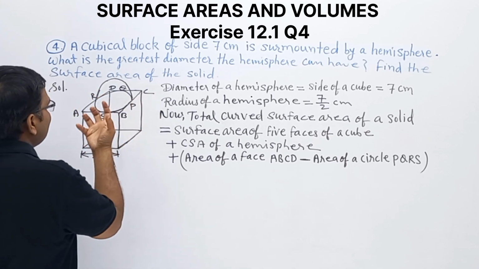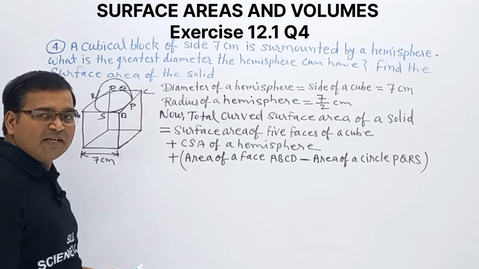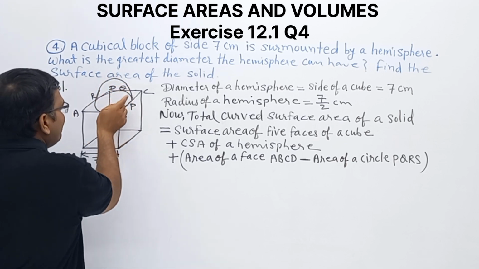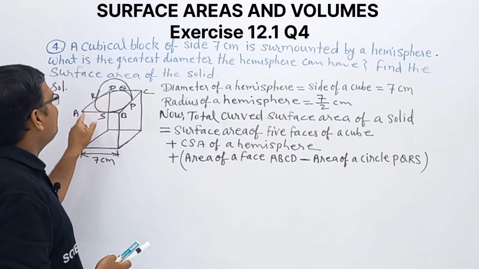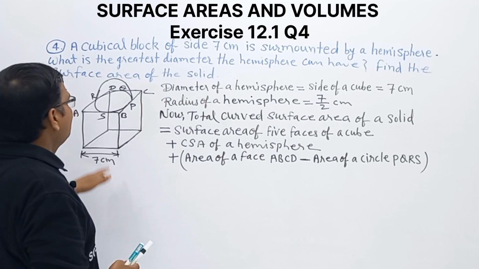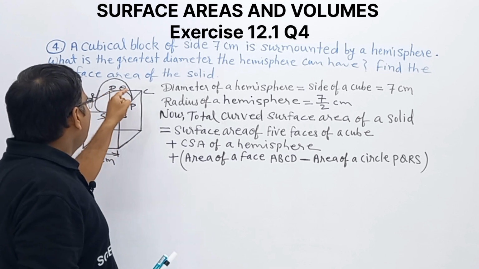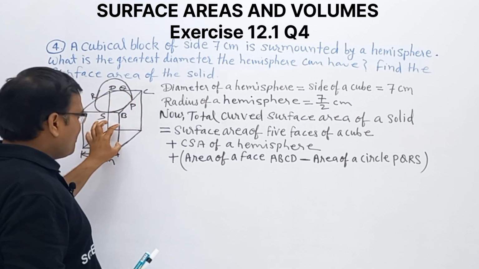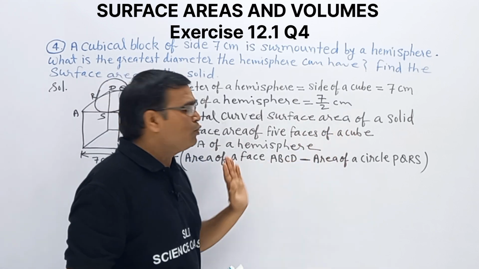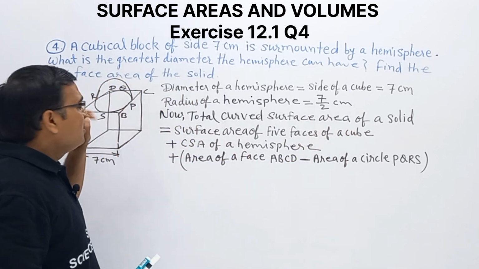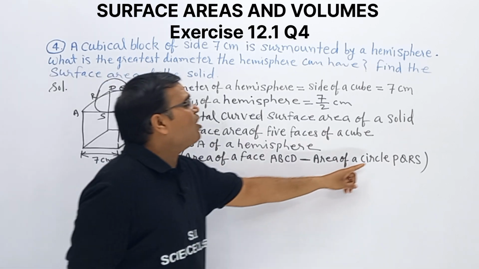So in this solid, the curved surface area will be the surface area of 5 faces of a cube, plus the curved surface area of a hemisphere, plus the area of face ABCD, the top face of the cube, minus the area of circle PQRS.